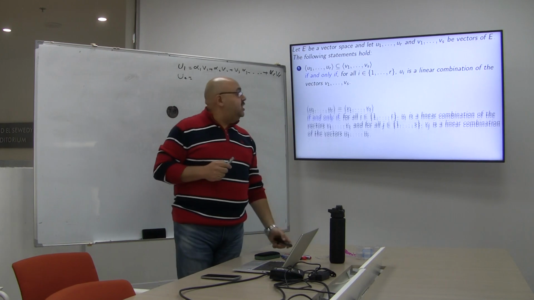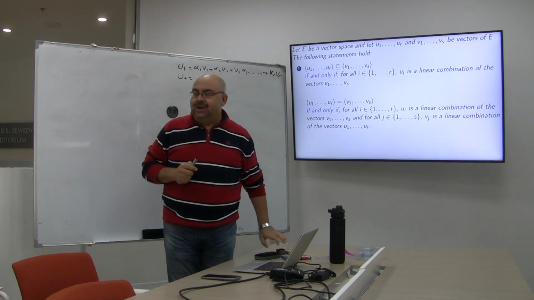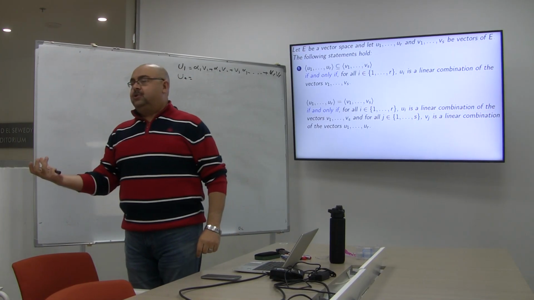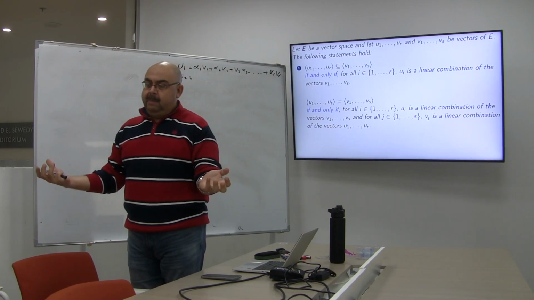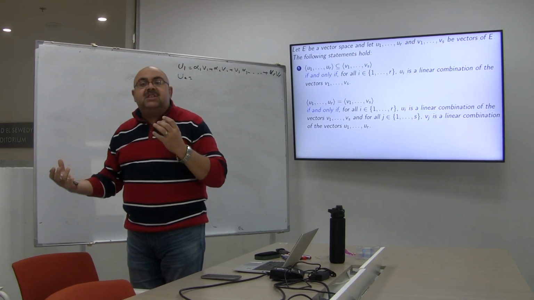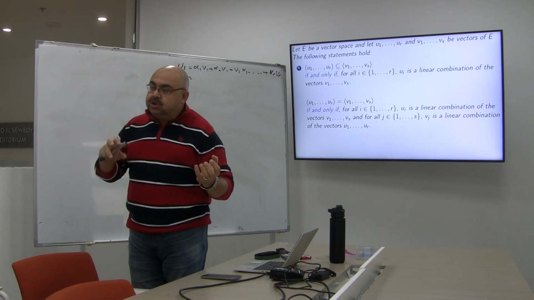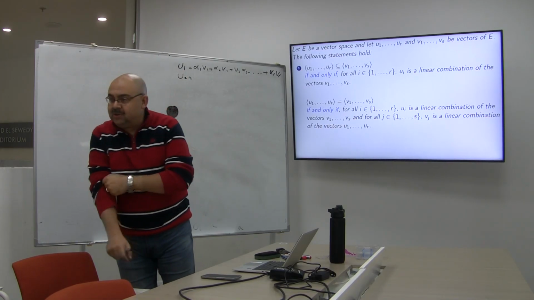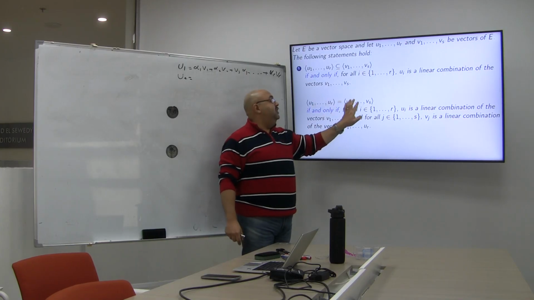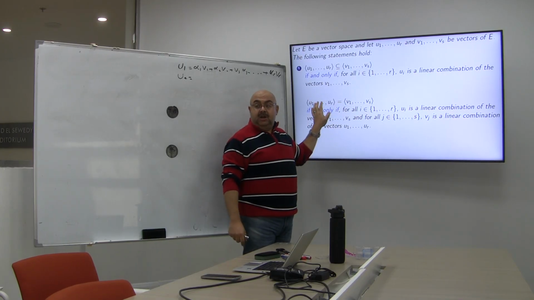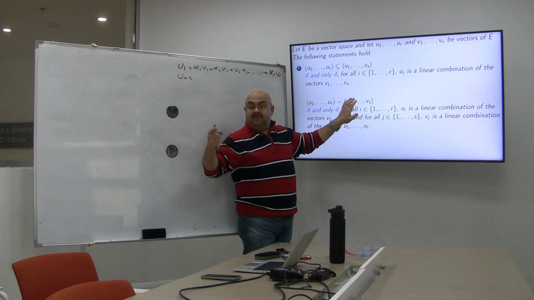Okay, when do we say that they are equal to each other? So this set of vectors is exactly equal to that set of vectors when each of these sets can be generated from the other. I can generate U from this set: any vector in here, I can generate from those vectors, and vice versa.